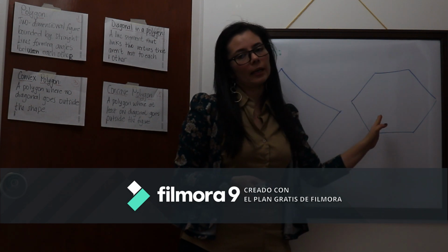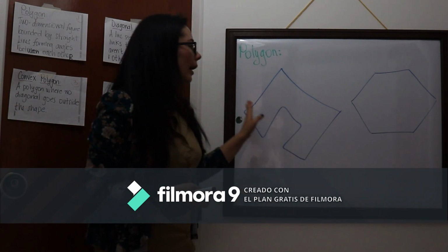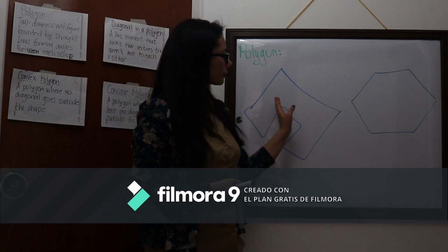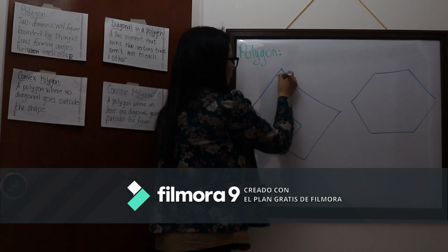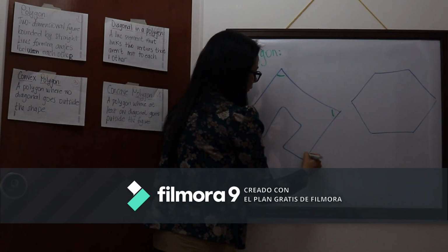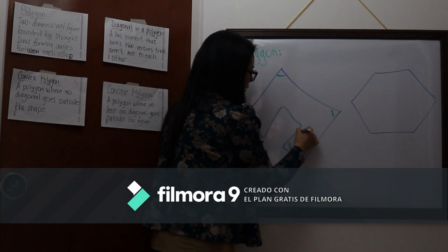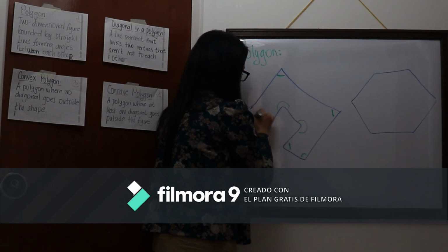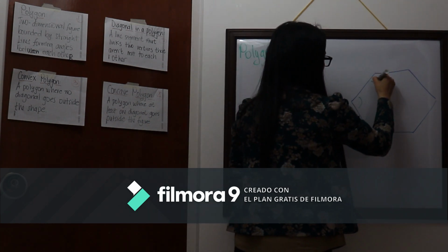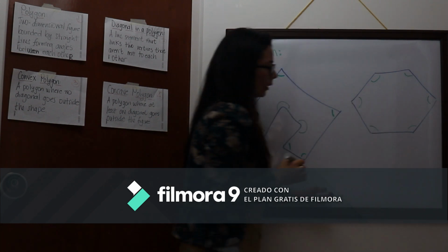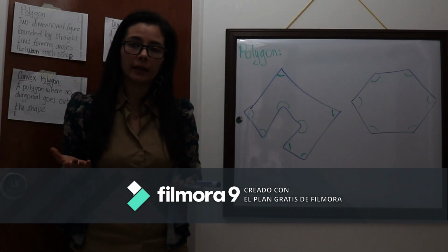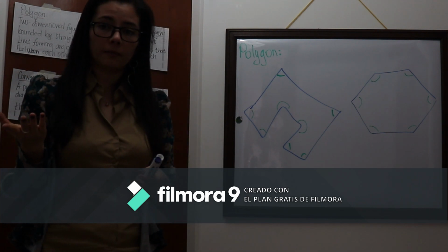They both are made by straight lines, and they all form angles between the lines that form them, right? So what we need to keep in mind is that they both are polygons.